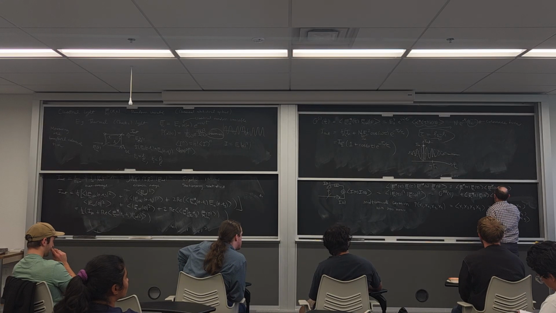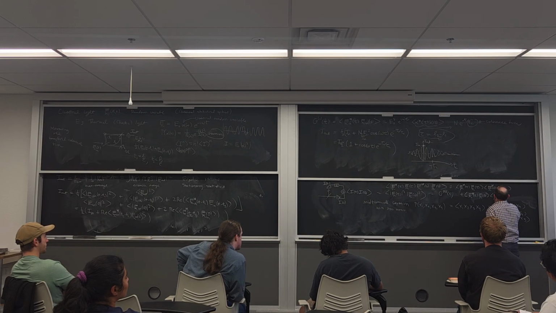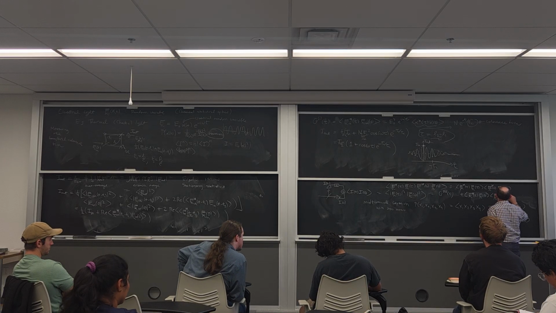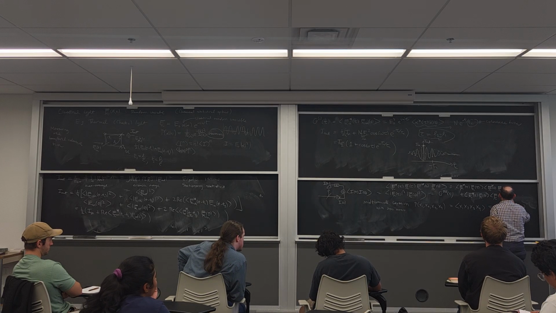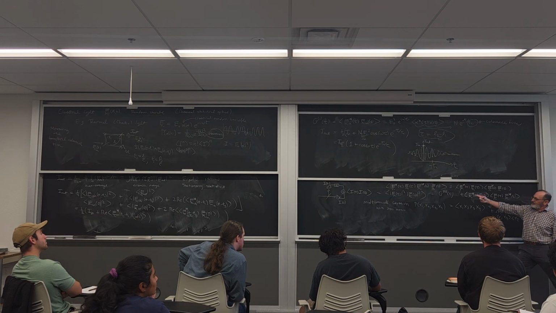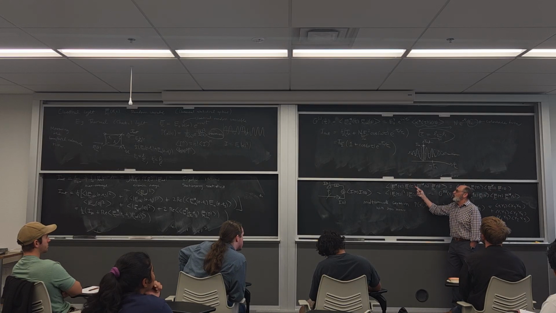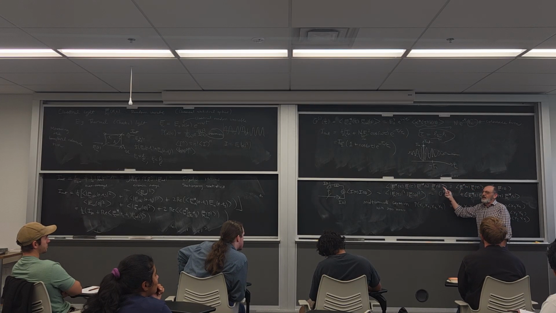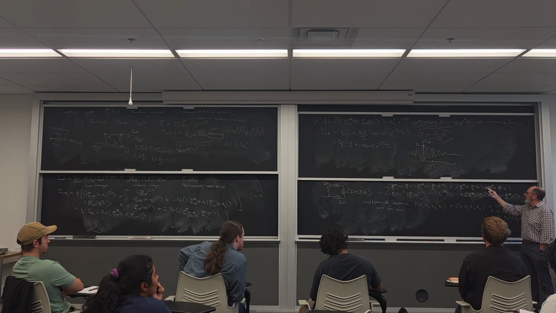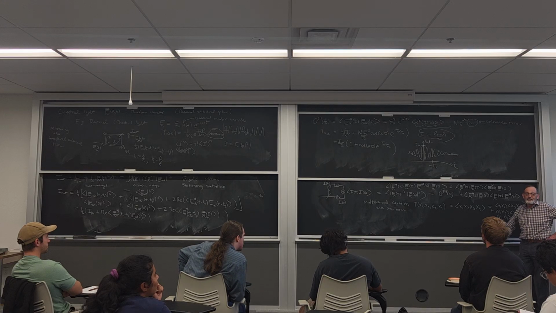And then okay. So by Wick's theorem, this 4-point correlation function factorizes into the sum of these two products of 2-point correlation functions.